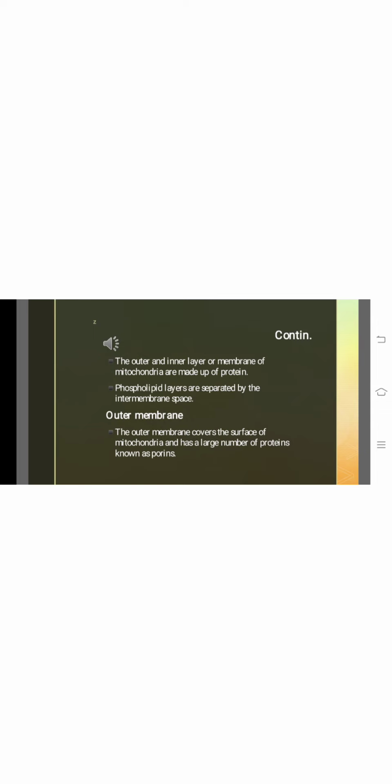Both the outer and inner membrane of mitochondria are made up of proteins, and both of these layers are separated by the intermembrane space.